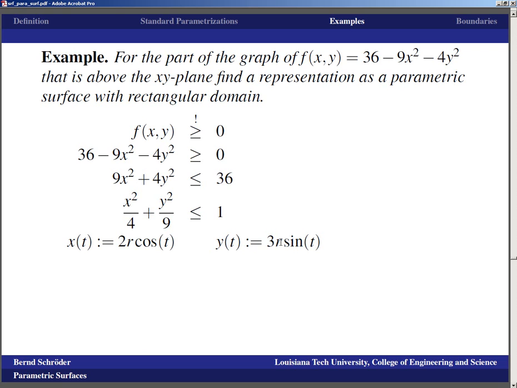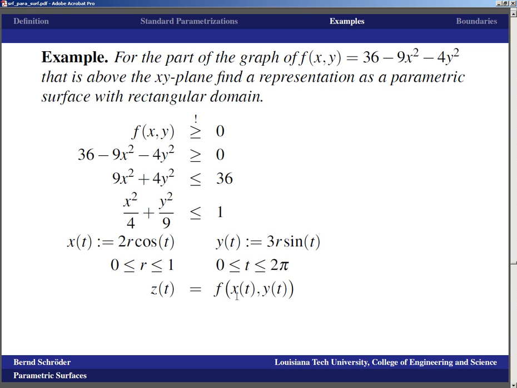If I let the radius run from 0 to 1, I get stuff where this just adds up to stuff that is less than or equal than 1. You can work that out with paper and pencil. And so we've got 0 less than or equal r less than or equal than 1, and 0 less than or equal t less than or equal than 2 pi, because we're going all the way around.